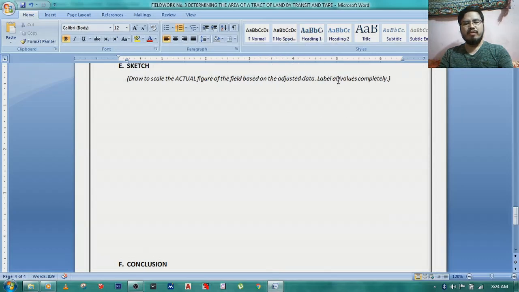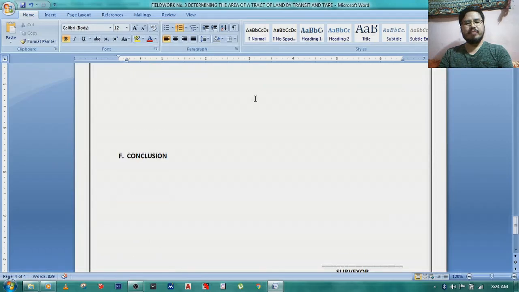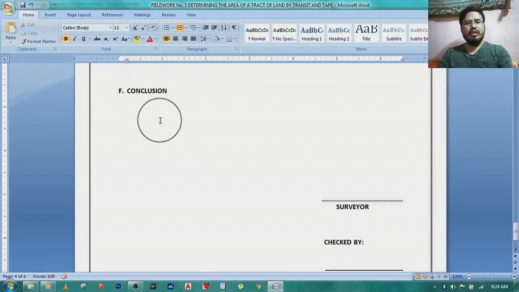Label all values completely. Afterwards you are going to have your conclusion. Okay, class, make your conclusion brief and concise. Your conclusion should reflect what you have learned in the field work.